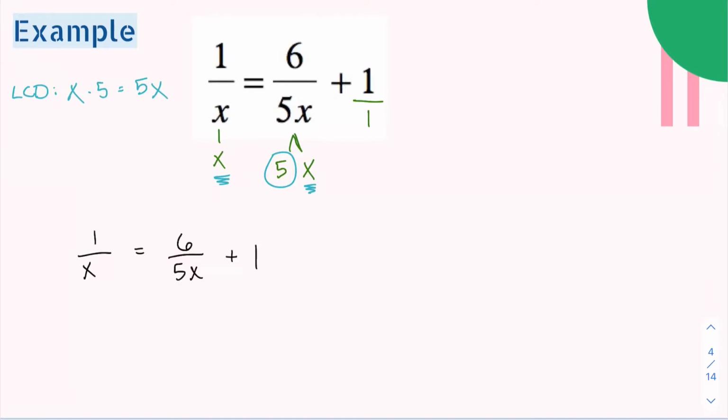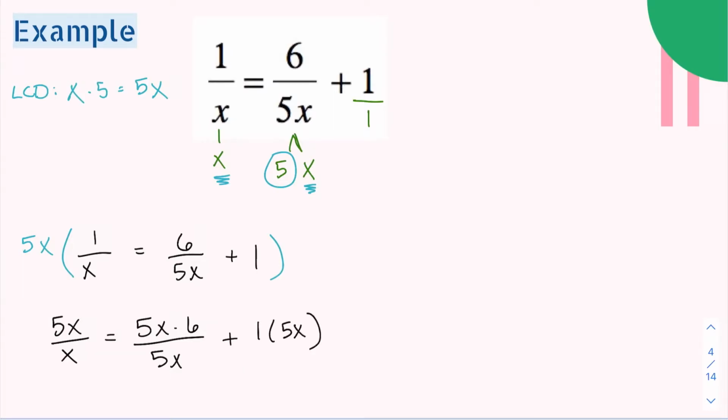Since I have my LCD as 5x, I am going to multiply every single term by 5x. So I'll have 5x over x equals 5x times 6 over 5x. Again, I'm not multiplying anything together until after I've canceled, plus 1 times 5x.